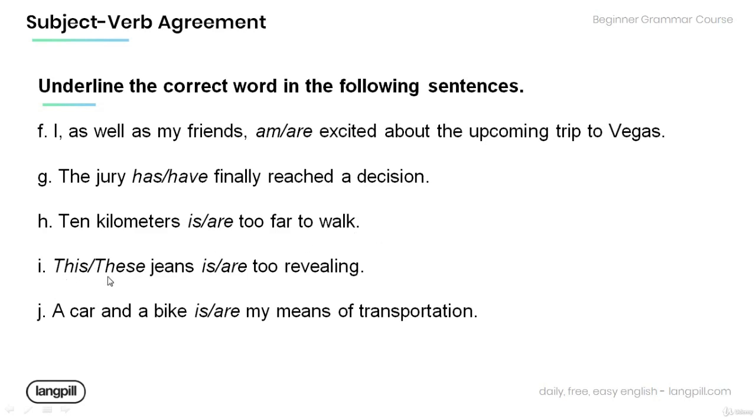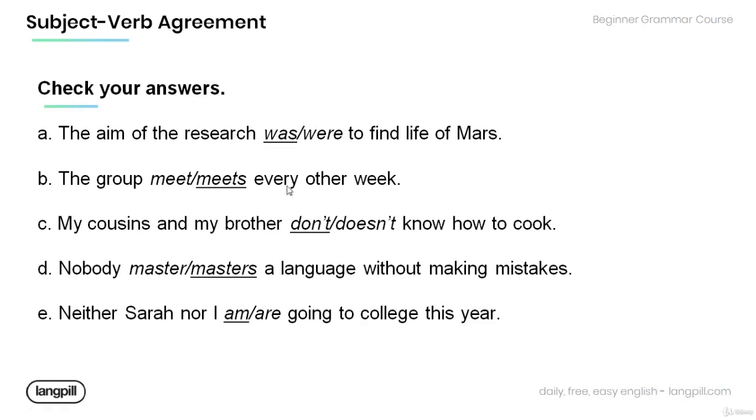I. This or these jeans is or are too revealing. J. A car and a bike is or are my means of transportation. Now let's check your answers.